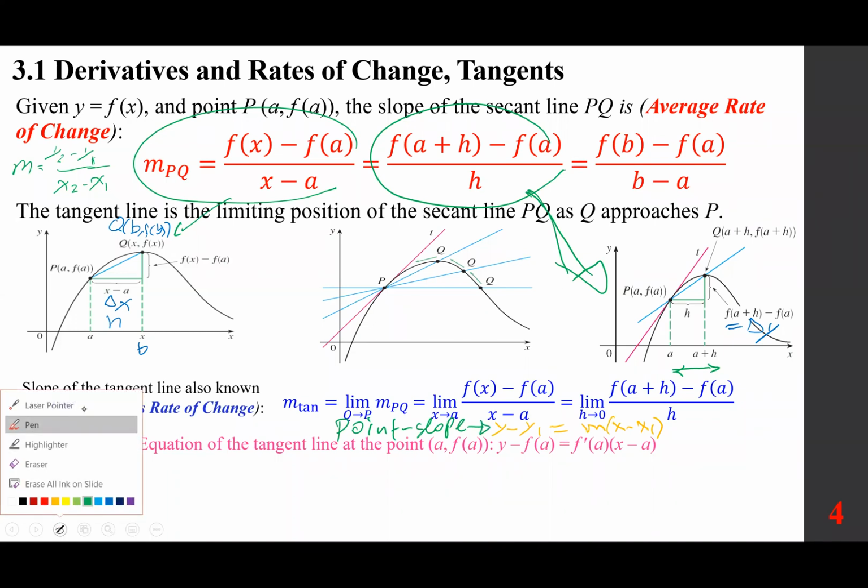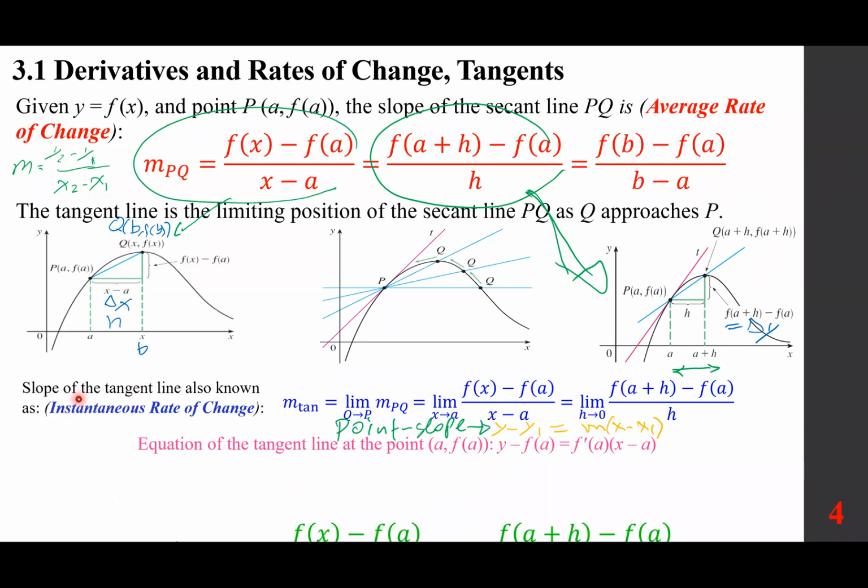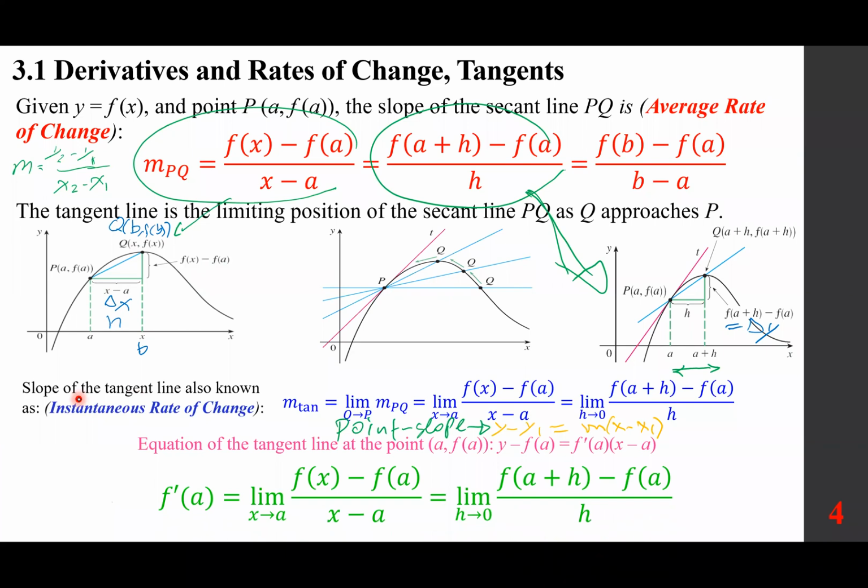And so we call this f prime of a, the slope of a tangent line. F prime of a is the limit of f of x minus f of a over x minus a as x approaches a, or the limit of f of a plus h minus f of a over h as h approaches 0. There are different definitions for them, but both refer to the same thing ultimately.